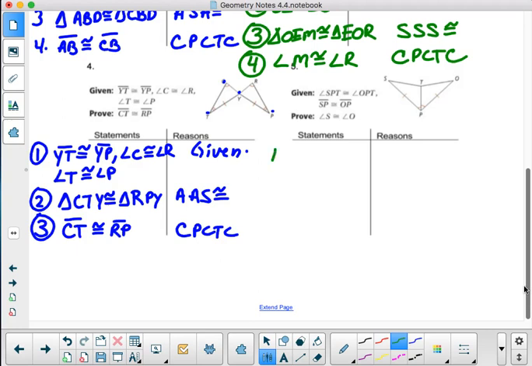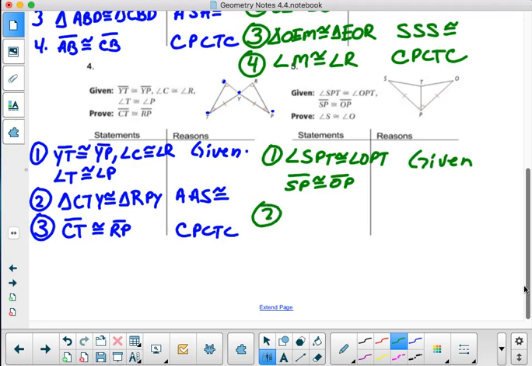Okay, welcome back. We got step 1, my given: angle SPT is congruent to angle OPT, and SP is congruent to OP, and that is given. In step 2, I got reflexive property with PT being congruent with PT, and that order doesn't switch because of the orientation of the triangles.